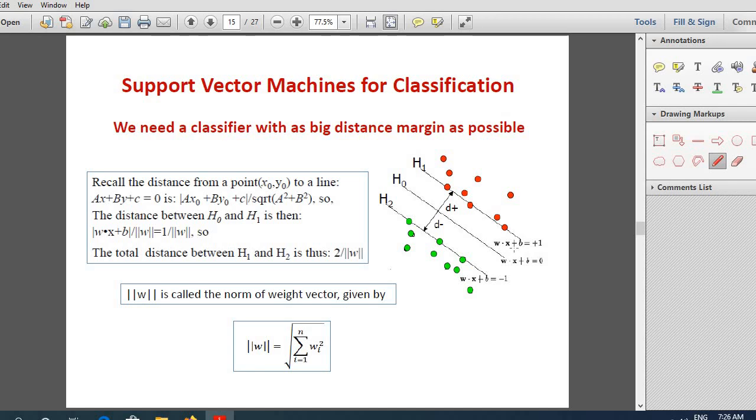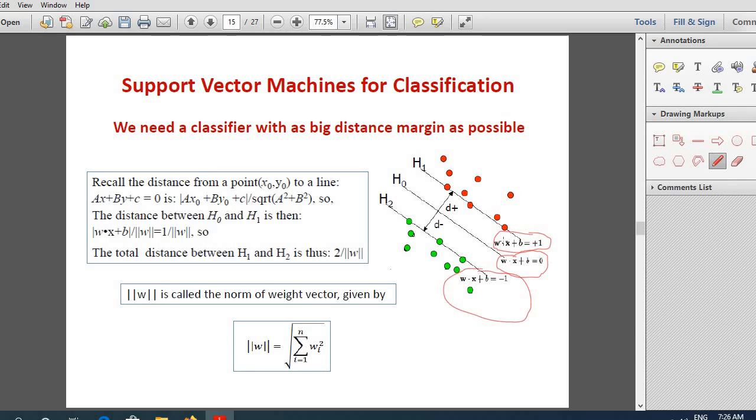You know that, right? So for H naught, we give the equation Wx plus b is equal to 0. Then you draw lines through the support vectors of red as well as green, parallel to this, that is H1 and H2. H1 you call by the equation Wx plus b is equal to plus 1, and H2 is minus 1.